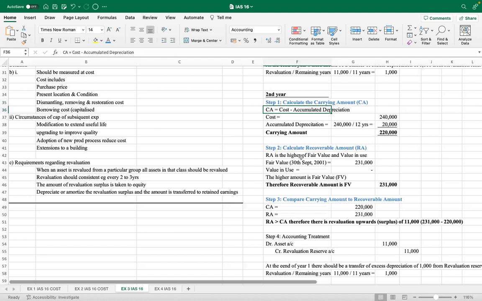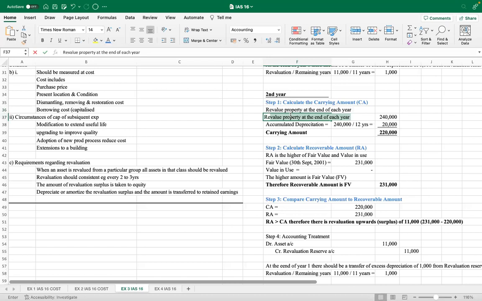So you revalue the property at the end of each year. Now, what was the revalued amount?